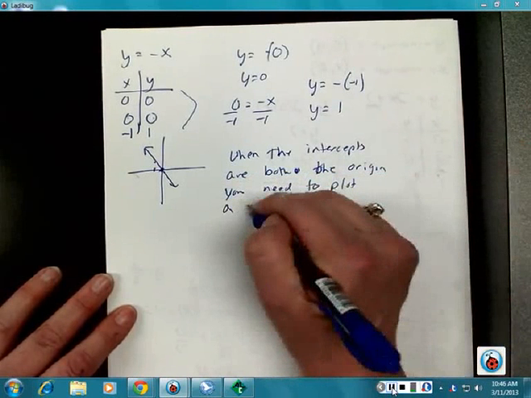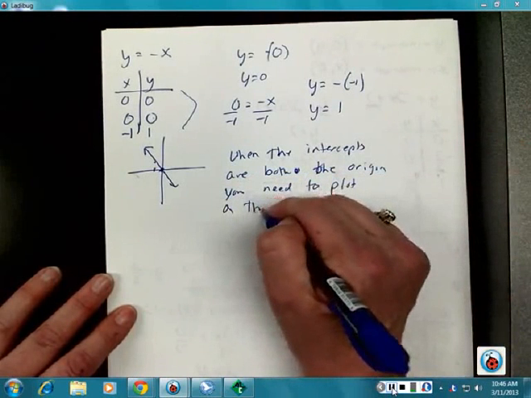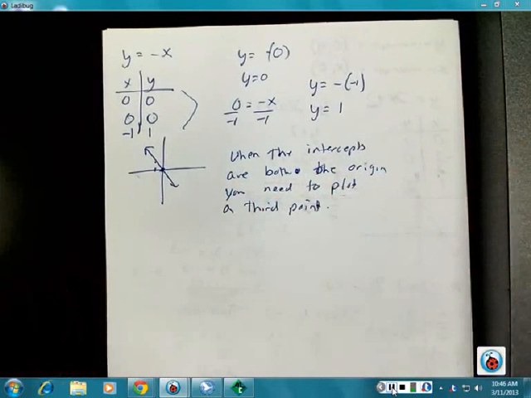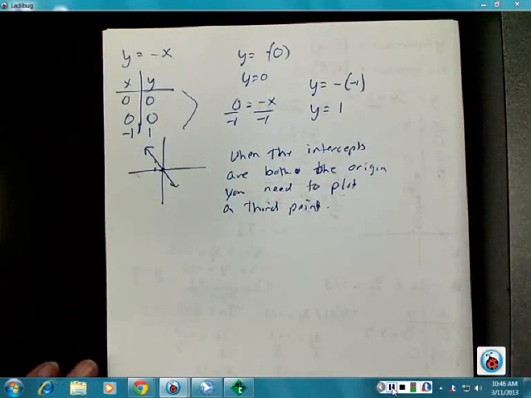So plot a third point. Because really you only have 1 point if they're both the same. Don't run across it too often, but once in a while that one does pop up where you've got the same stuff happening in there with those. Okay? So be aware of that so that you know what ones you got going with those. So once in a while that does happen.